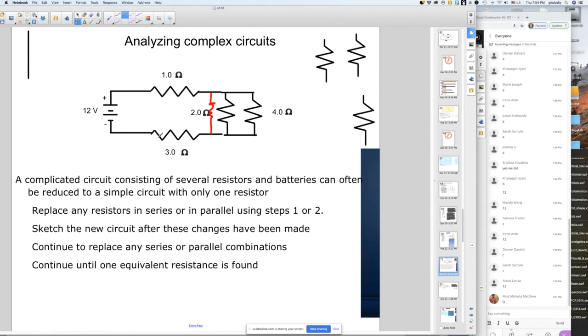Then these three are in series, all right? So these are gone already. They've been replaced by this one here. And these three are in series, so you can just add up whatever you got here as a number, but not 2. It's going to be something less than 2. But you will add these up, and that's the total resistance. And then you can find the total current flowing through here.